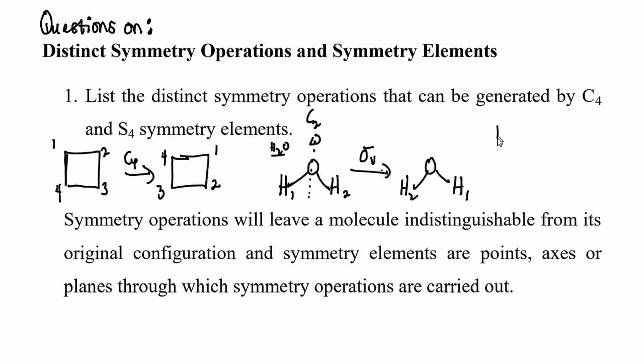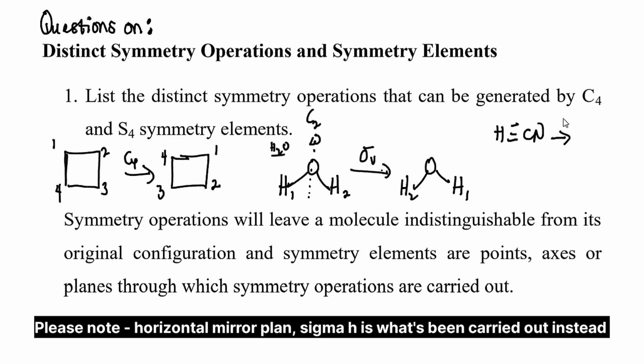But let's say we have CN. Let's call this triple bond, and let's say we carry out a mirror, sigma V, on it. So we have this here, sigma V. Basically, we're going to have CN give this, right?